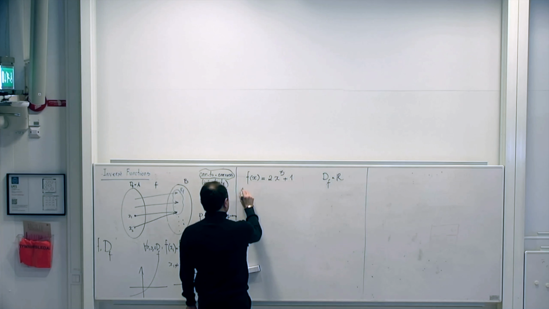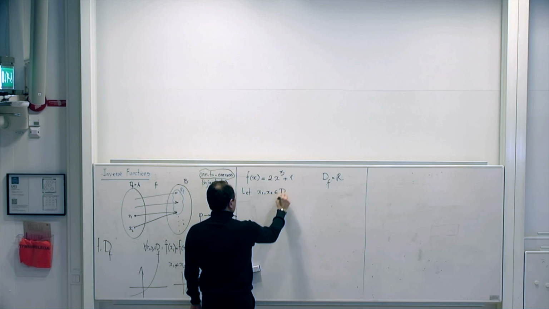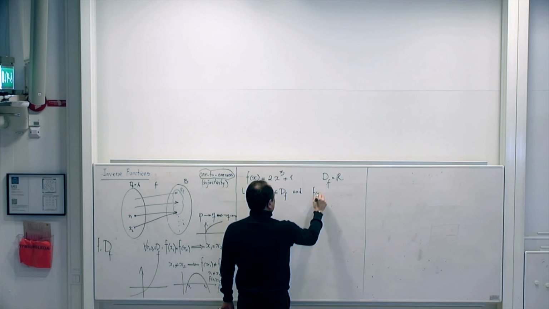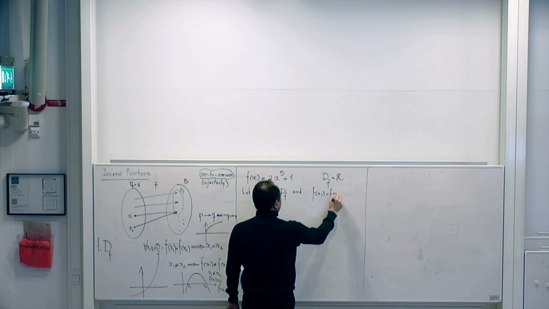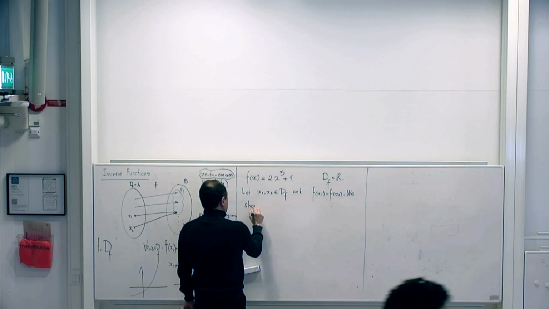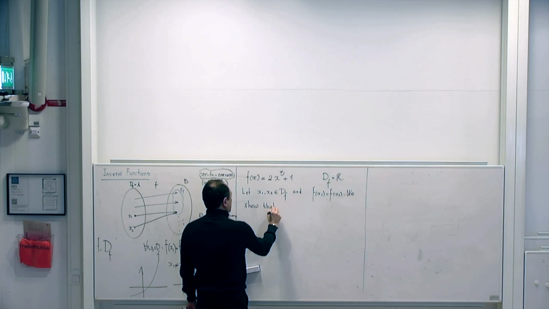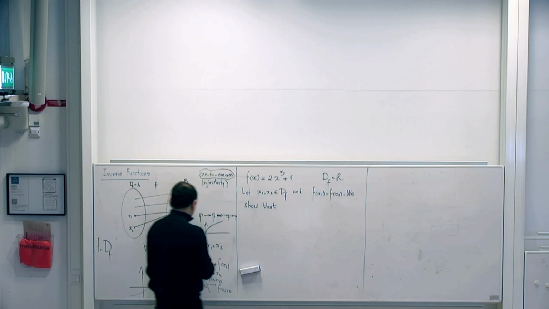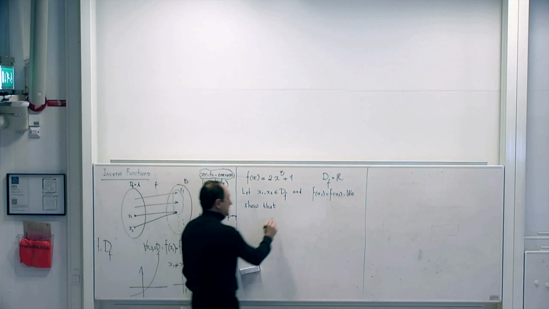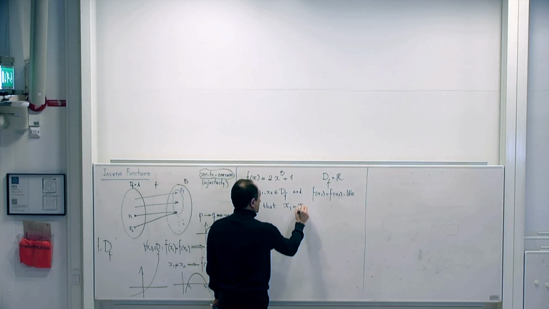And then I would say that let x1 and x2 belong to the domain of f, and f of x1 is equal to f of x2. We show that. So we show that what happens? Help me. We show that if f of x1 is equal to f of x2, then x1 is also equal to x2.